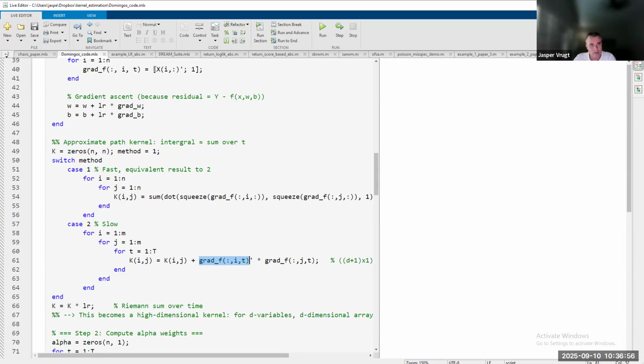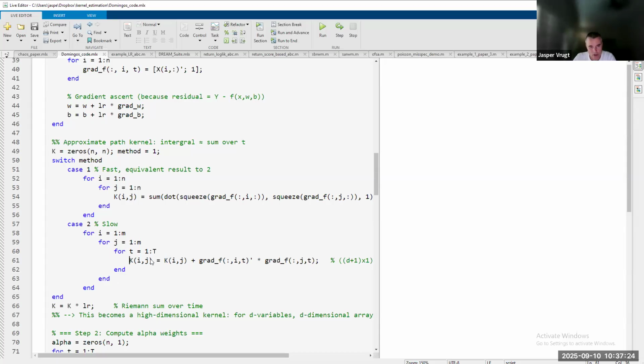We transpose it, so now it's 1 by d plus 1, and we multiply it with a d by 1 vector. So that's a vector inner product, and this is a scalar. And you add that to your current values. That's the integration. When you go through all the samples over time, you keep adding that.